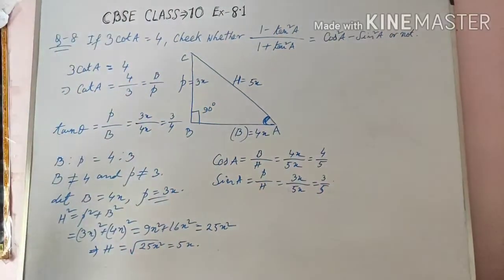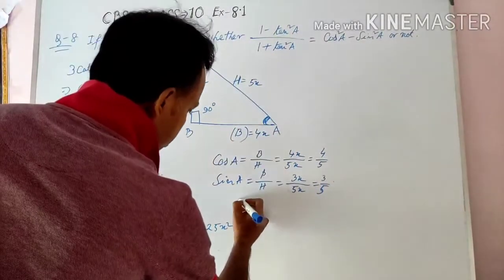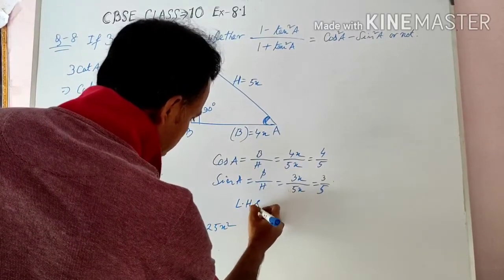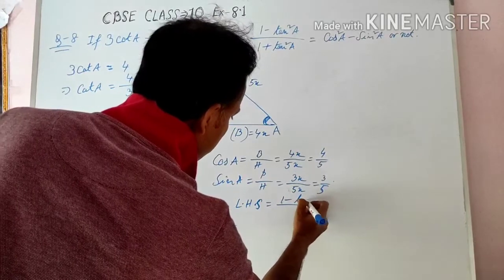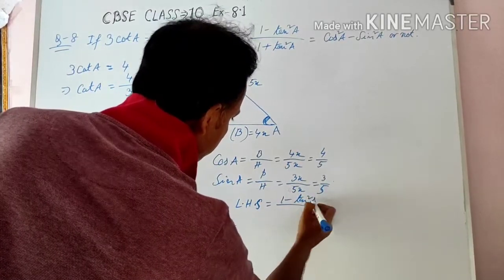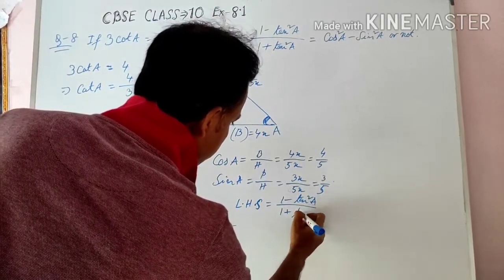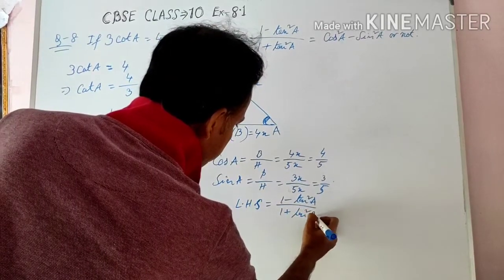So let us check. Left hand side is equal to (1 minus tan square A) by (1 plus tan square A).